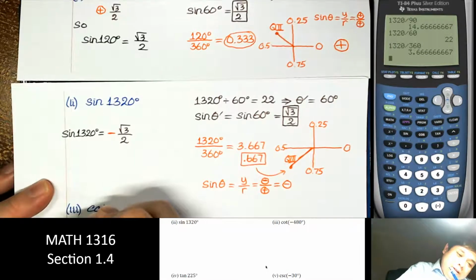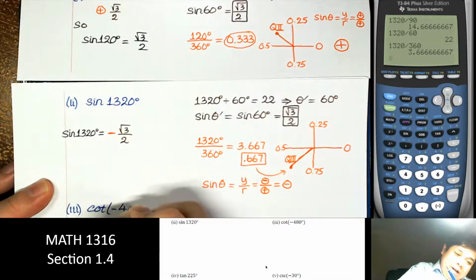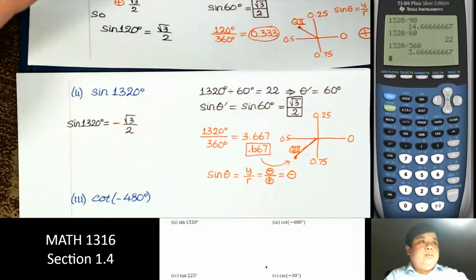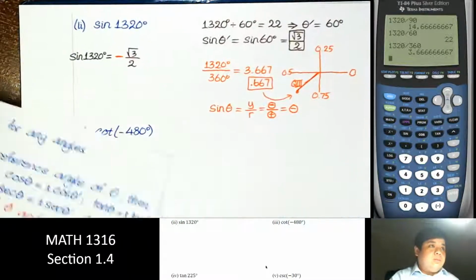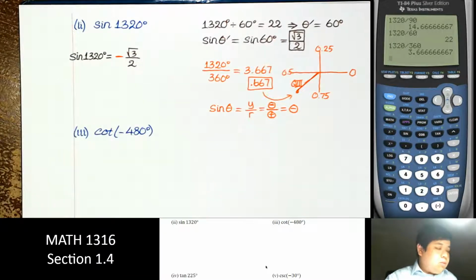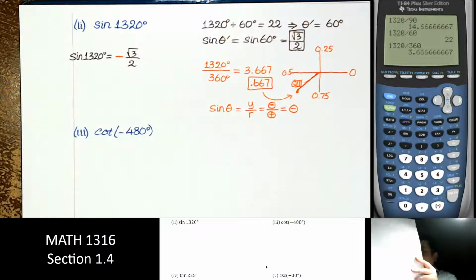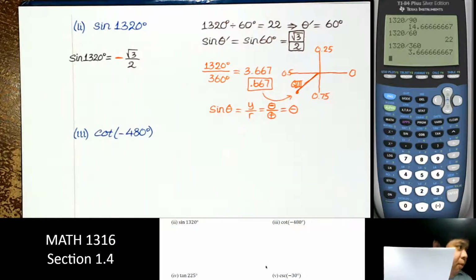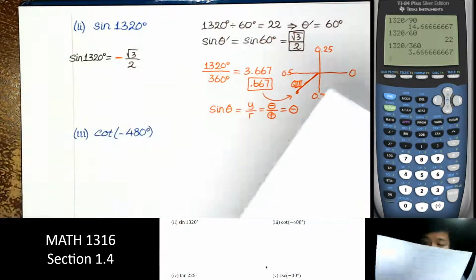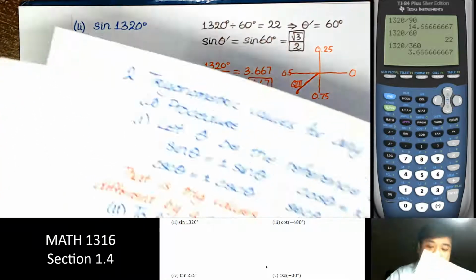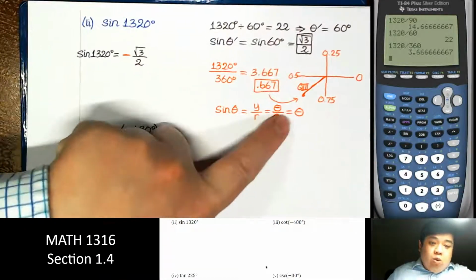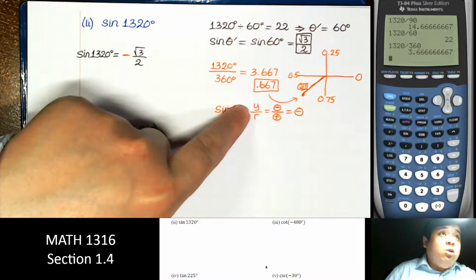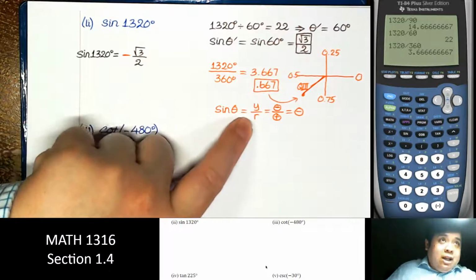Cotangent of negative 480 degrees. No, we're not sure about that. It depends on tangent and cotangent. The reason this one is negative is because the y value is negative and r is positive.